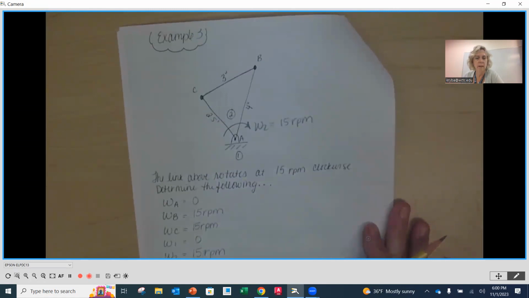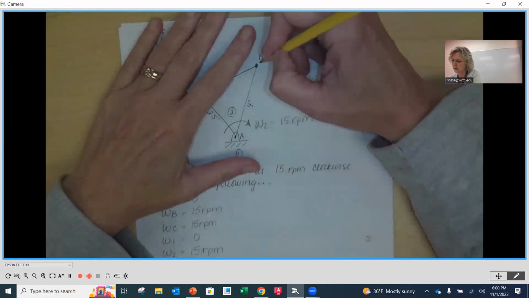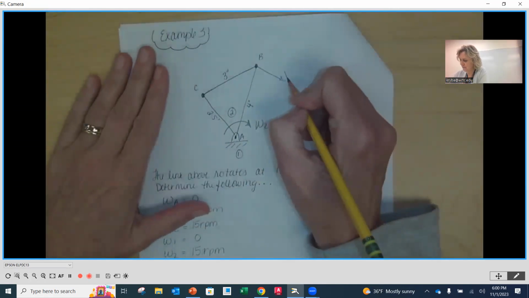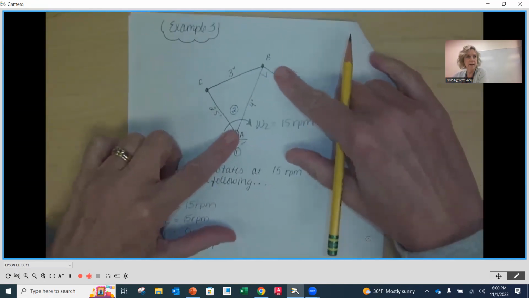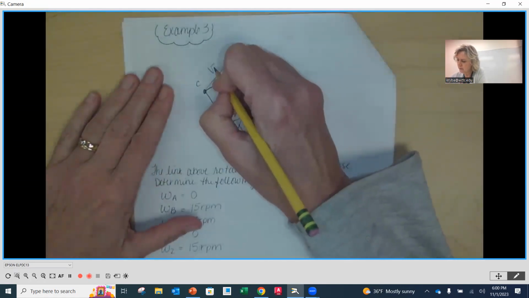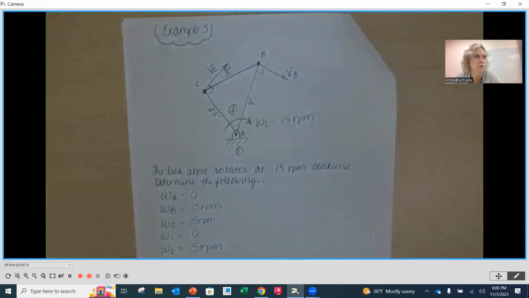How would you show the velocity of B and the velocity of C before we even worry about the number? So you would show B going down and to the right. It's going to rotate in this direction, and then C is going to go up and to the right, perpendicular to its radius back to the center of rotation, right? So that's what it looks like. You always want to put those on your diagram so you can see them, and label.